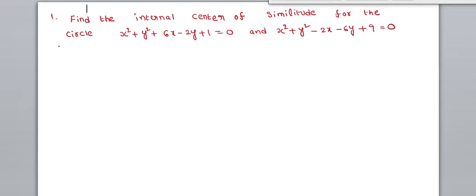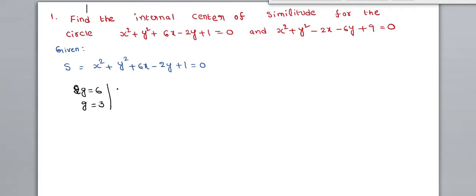So find the centers. First given circle S equal to x square plus y square plus 6x minus 2y plus 1 equal to 0. First center: comparing with x square plus y square plus 2gx plus 2fy plus c, 2g equal to 6, g value 3. 2f equal to minus 2, f value minus 1, and c value 1.